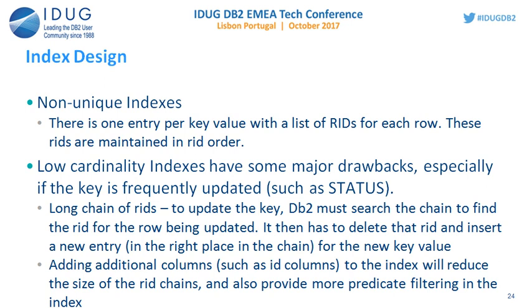If your predicates also have not only status, but order date, have order date as another column in that index. And so if you're only looking for open orders from today, or that are older than 3 days ago, Db2 will do that filtering while processing the index instead of having to look at all open orders for the customer.